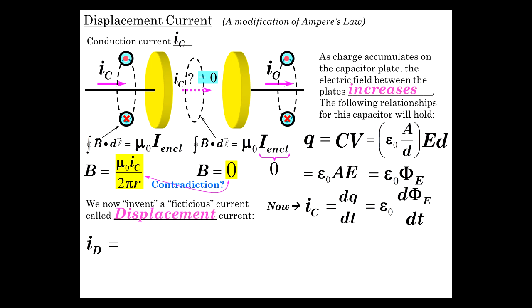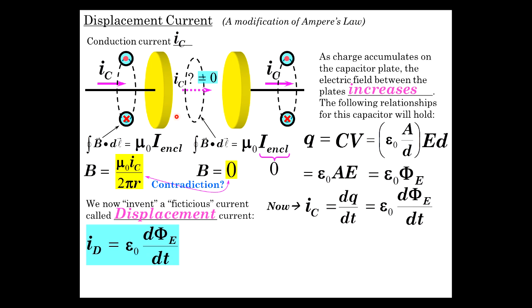You've got a black box. You put current in, you get current out. What's going on in the black box? You might just assume it's a wire. How could you tell the difference? You would think that nature would act in such a way as to replicate the scenario of a wire passing through the black box. So we're going to invent displacement current and call it epsilon 0 d phi sub E dt, like what we got here, to be consistent with it.